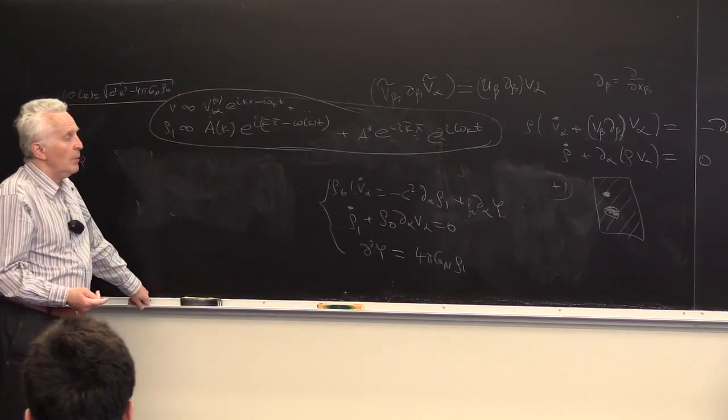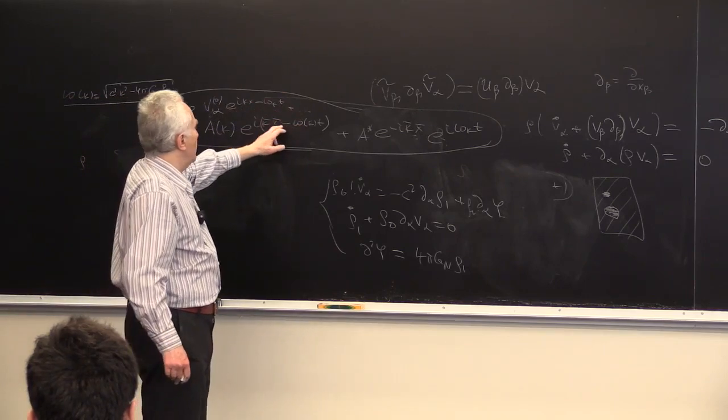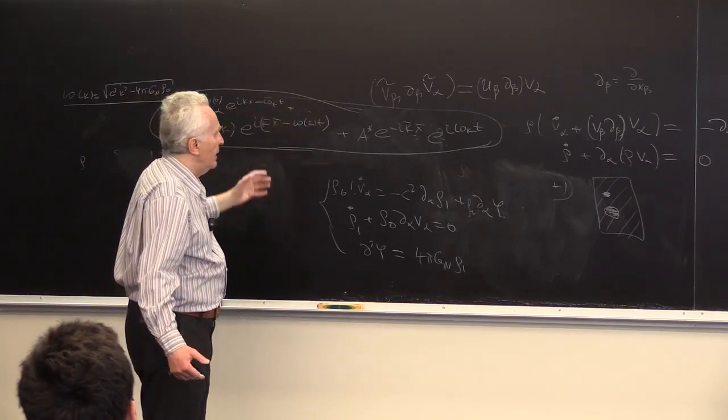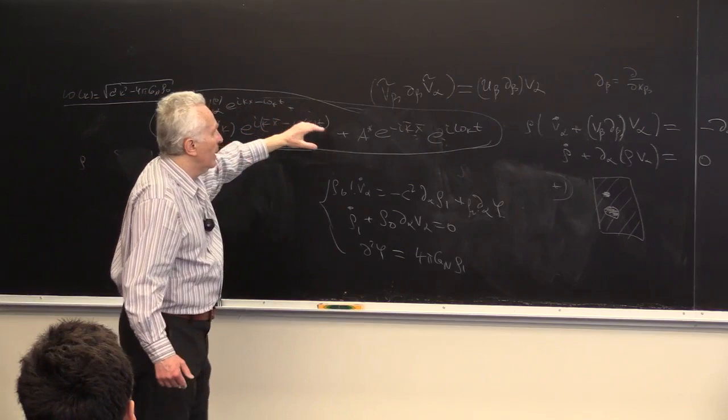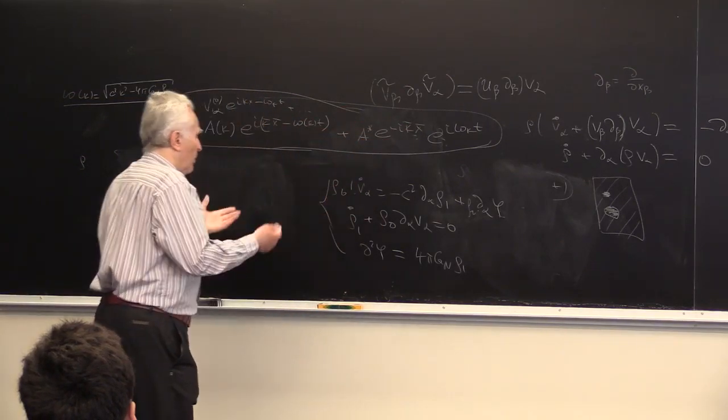That's the solution of the equation. As we said, the general solution is obtained by taking an arbitrary linear combination of these solutions. This is the solution corresponding to a particular wavelength, or wave vector k.